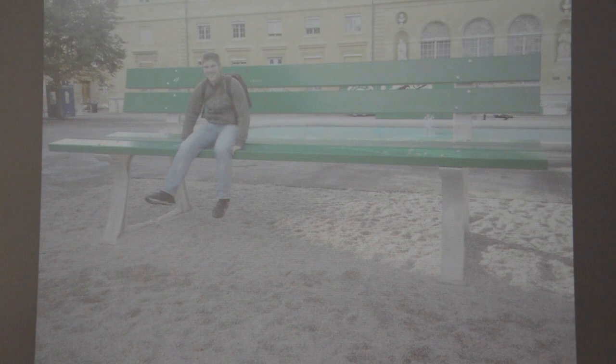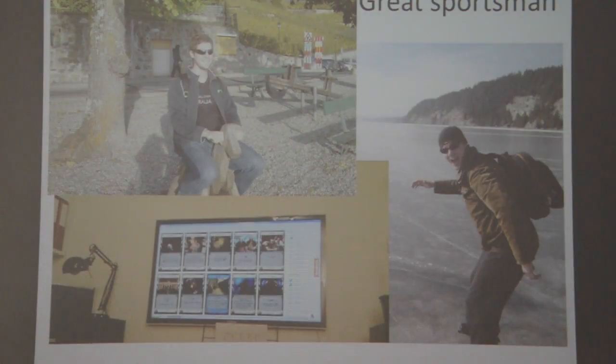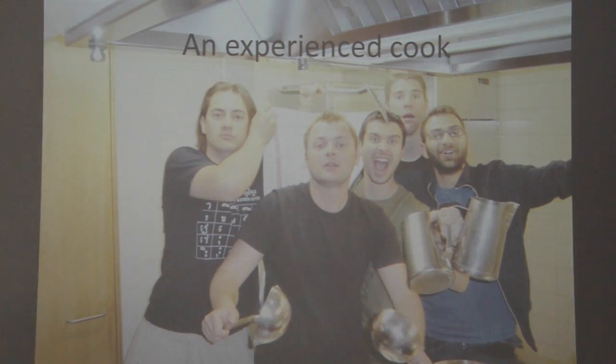Then he started acquiring skills. He started learning new kinds of sports, like one on the right, one on the top. Then he became really proficient in Dominion. Then he really learned how to cook well during this time and to feed the bunch of his hungry friends.